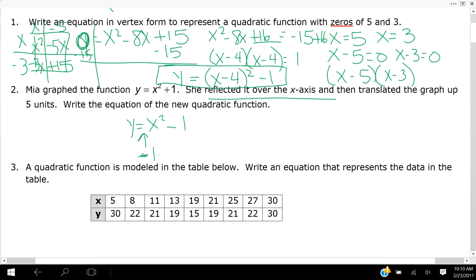And then translating it up means this goes up 5. It doesn't go to 5, it goes up 5. So I should end up with y equals negative x squared, negative 1 plus 5 is plus 4. And I would probably put that in my calculator and make sure that it looks like it's reflected and moved up.